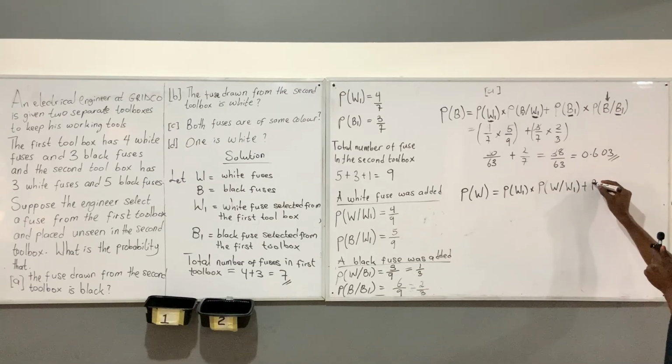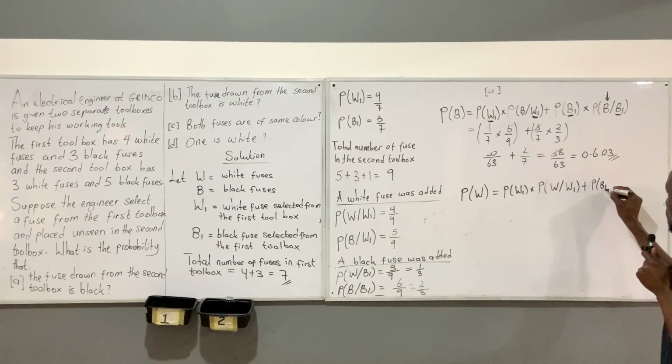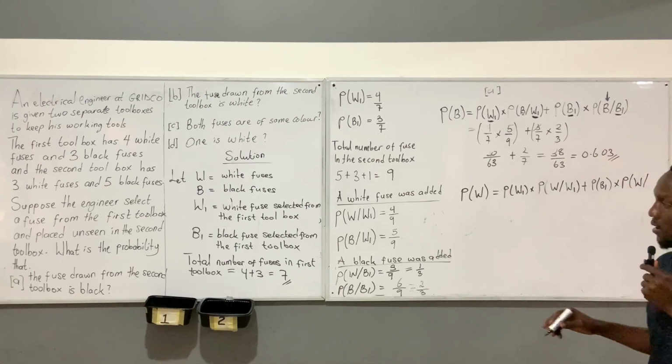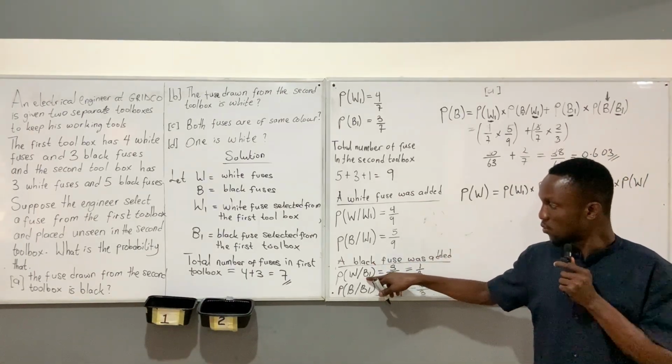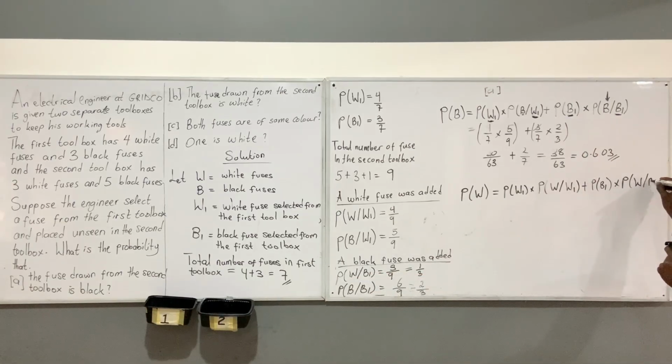So now we have P of a black fuse added, B1, times P of, we are looking for white. So we write our white. A black fuse was added is here. B1 and white. I've already written the white, so I'll put my B1 here, and that's the formula.